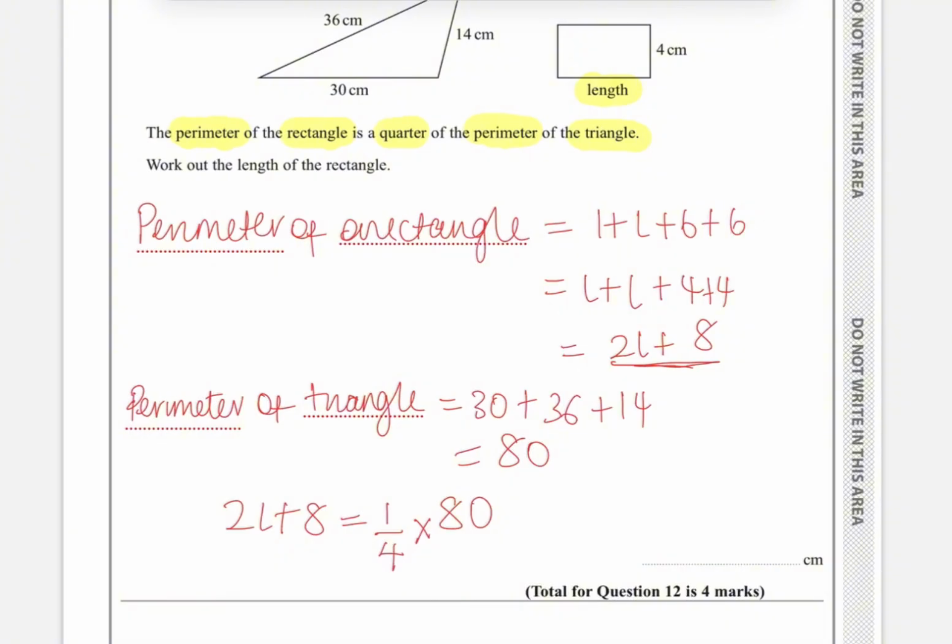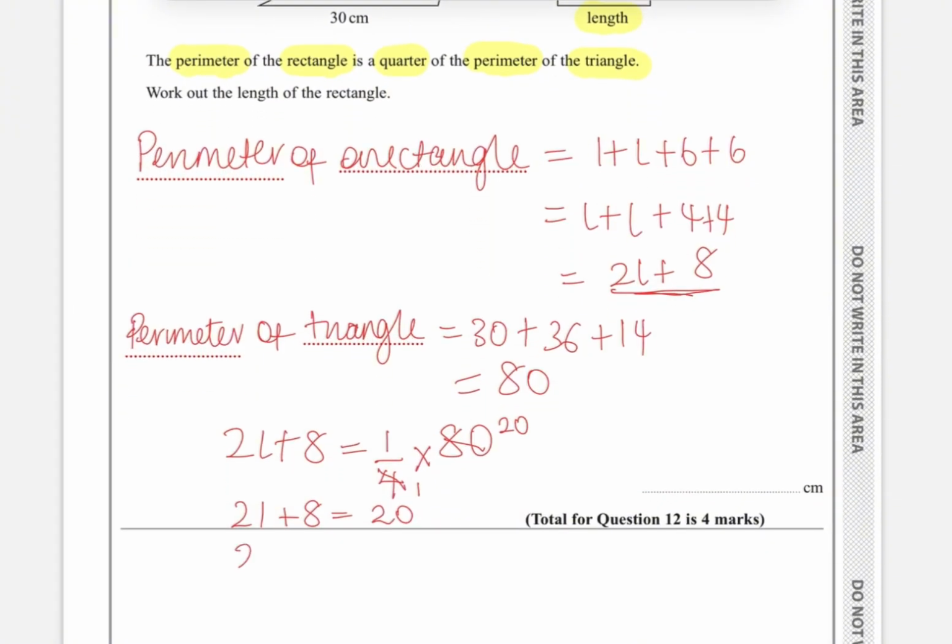So 2L plus 8 equals a quarter of 80, which is 20, so equals 20. Take 8, because we'll move 8 to the other side, and 2L equals 12.